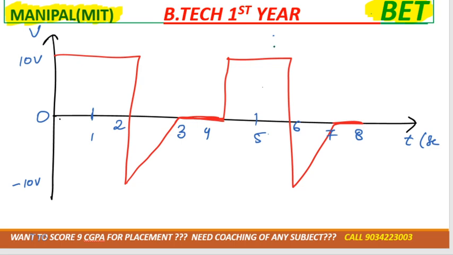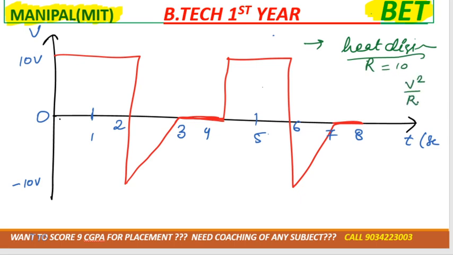In this they ask you to calculate heat dissipated, and they provide the value of the resistor, that is 10 ohm. As you know, the heat dissipated formula is V square by R. So R we will divide later. We need to calculate the voltage of all these waveforms, right?